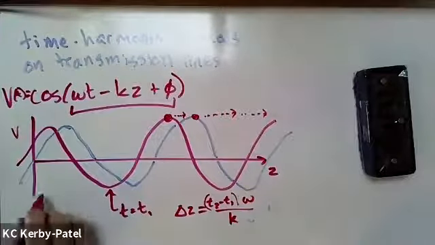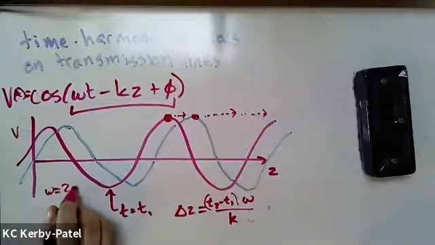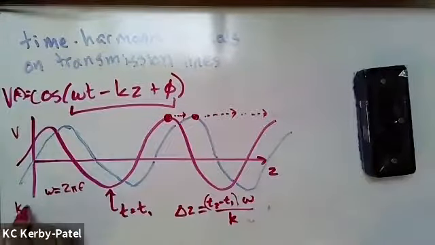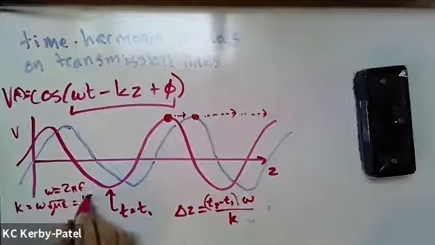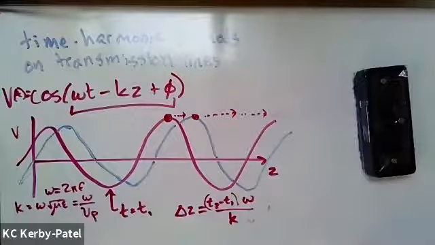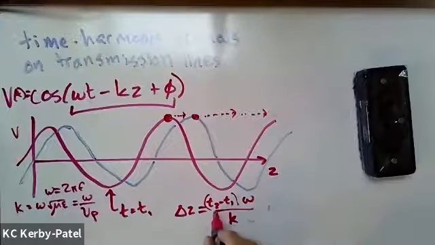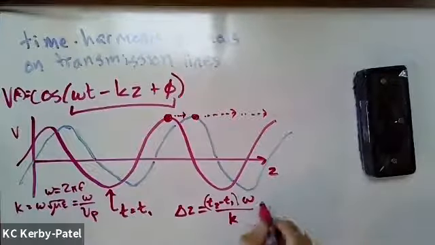But since omega is 2 pi times the frequency, and k is omega square root mu epsilon, which is also equal to omega divided by the phase velocity, this omega divided by k is actually just t2 minus t1 times the phase velocity.